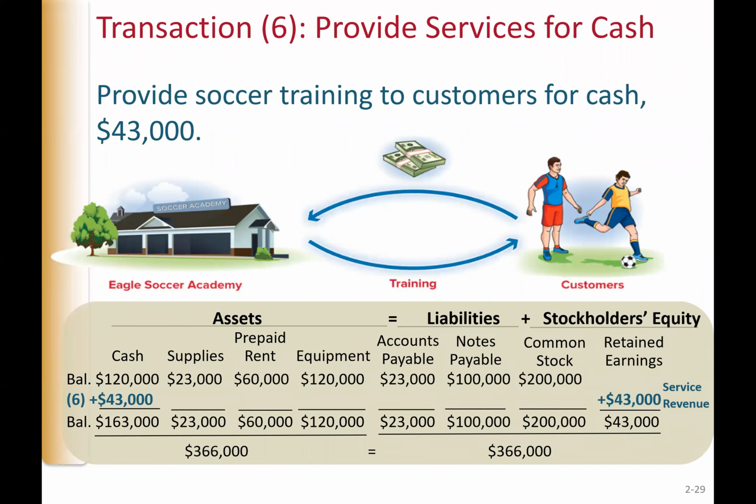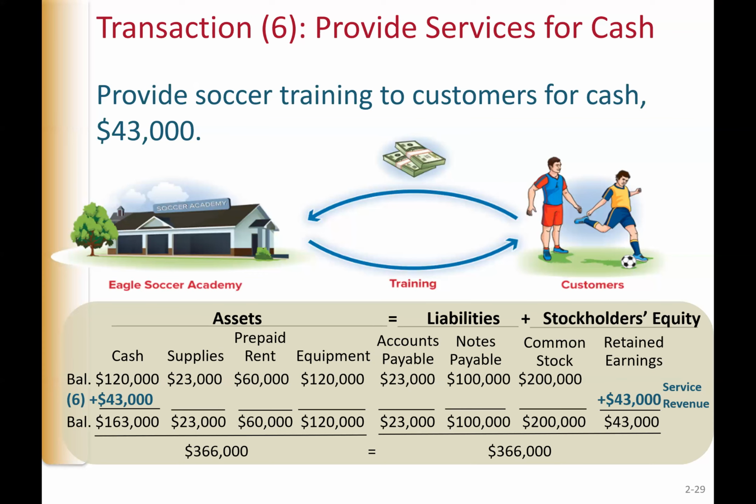So now this transaction: provide soccer training to customers for cash of $43,000. Well, guys, we know our cash increase is $43,000, and that's an asset. But this is a new transaction. When we provide soccer training to customers, the account we will record is service revenue.